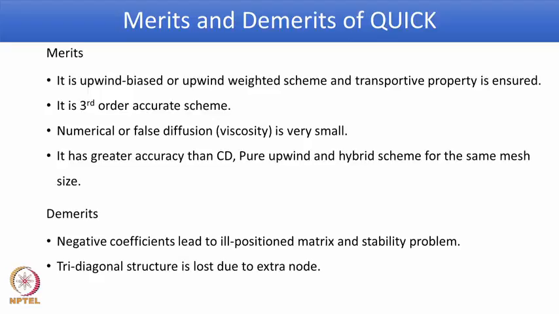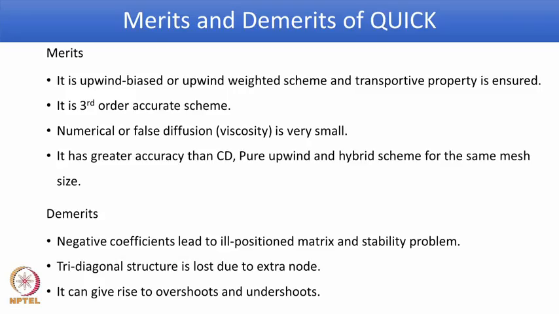One more important property is the tridiagonal structure. We are going to see in detail what is a tridiagonal matrix and how to invert a tridiagonal matrix. In the case of central differencing scheme, we had a tridiagonal structure of a matrix, that is, we had one main diagonal, immediately super and immediately subdiagonal.